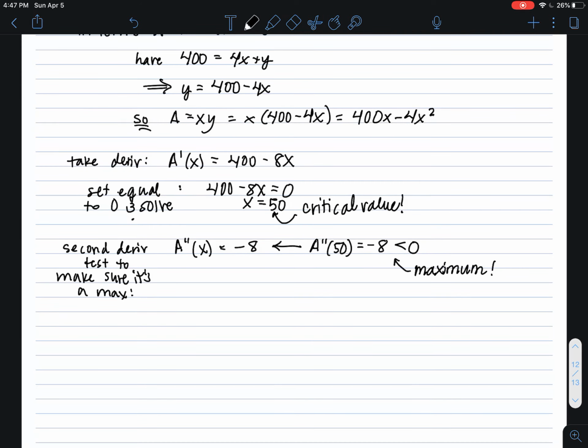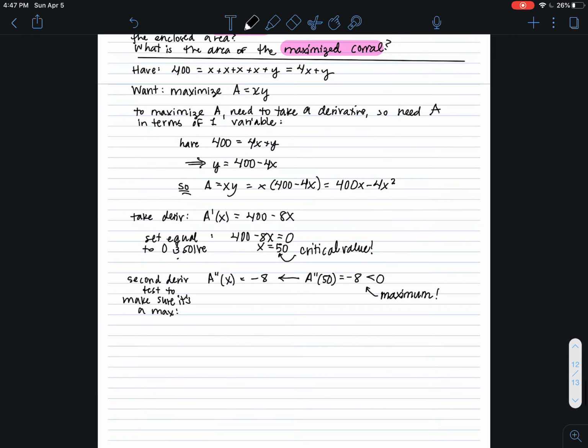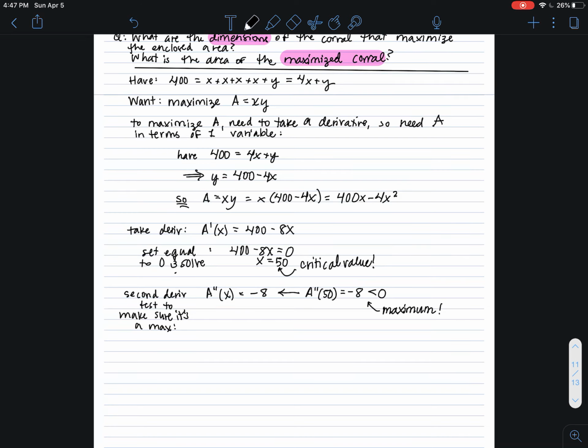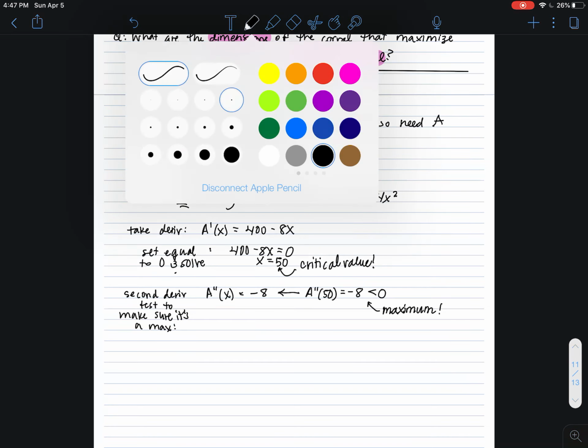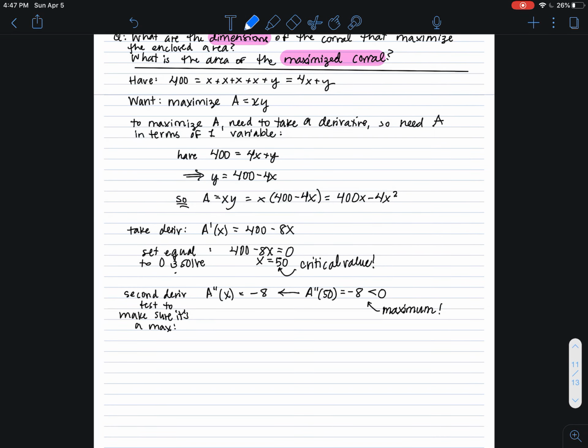Okay, so to answer our question, we had to figure out the dimensions, which are x and y, and the area. So we know x needs to equal 50 feet, and we need to solve for what y needs to be.